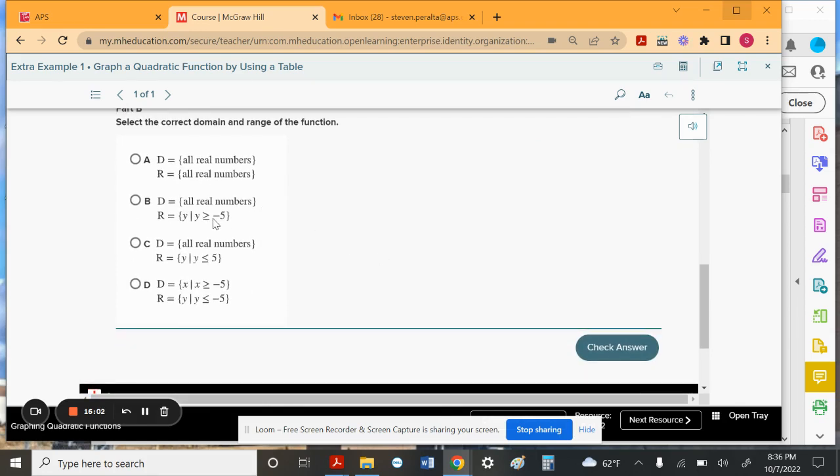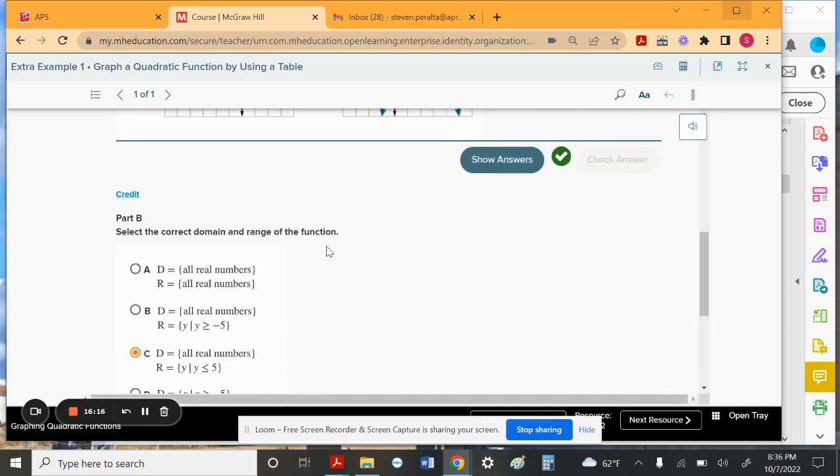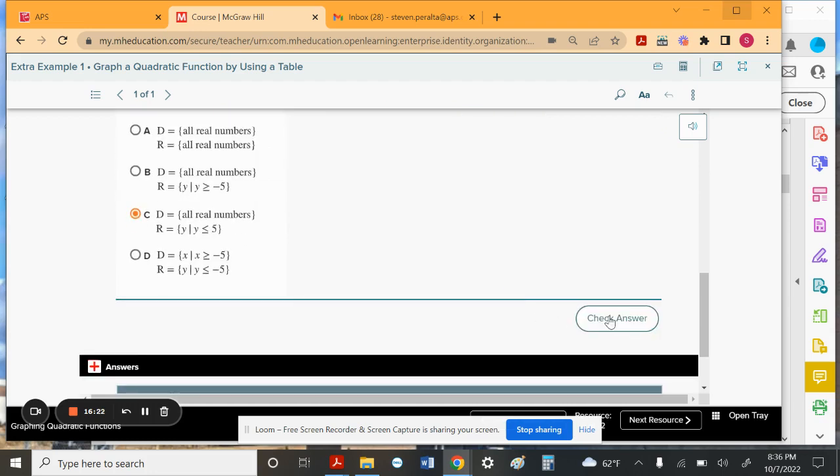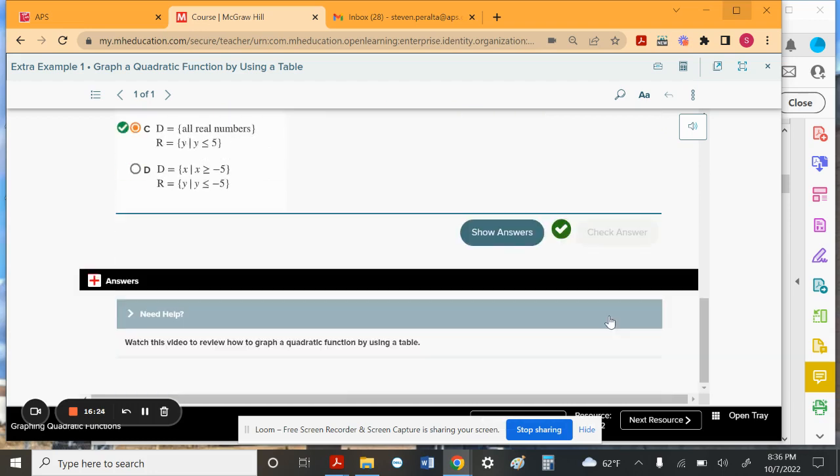So that means it's going to be all real numbers, and y is less than or equal to 5, because it has to be less than or equal to, so it's going to be this one. And the reason why I say less than or equal to is because here's 5 and all the y values are below it. Okay, and that's it. You have a check to do. Should be good to go.